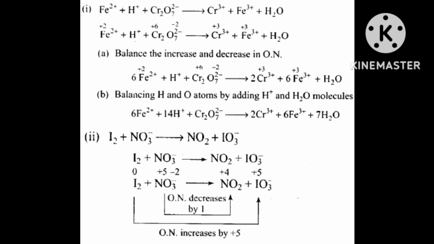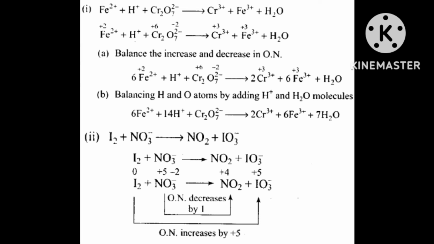At least the metal, like chromium, you have to balance first. After that you can write a rough equation, and then introduce hydrogen ions on the side where negative charge is more, so that the positive hydrogen cancels out the negative.